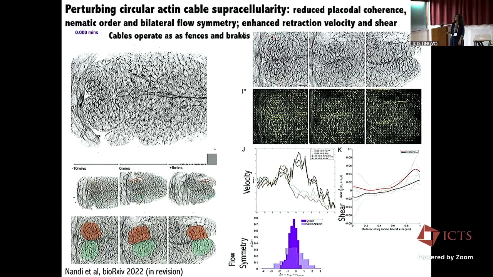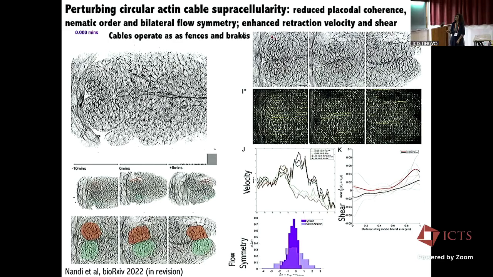We also increase the shear compared to the unperturbed embryos. And we also reduce the symmetry in flow between the right and left sides. I forgot to mention that we nick the cable only on one side.